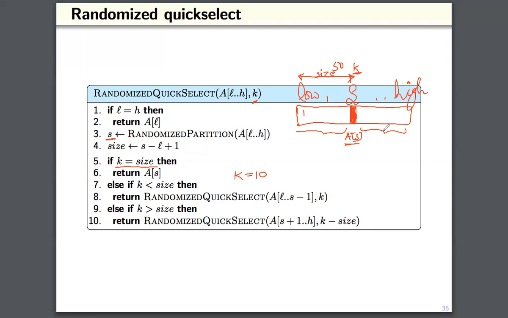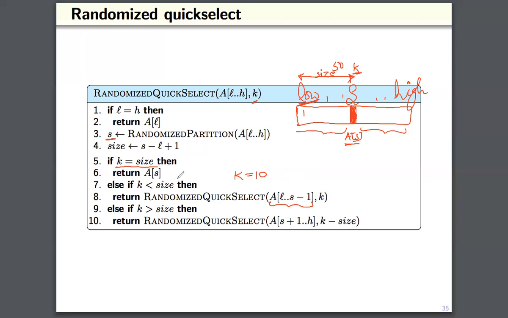The second part has larger elements. That's the meaning of partition, right? Smaller elements are in the first part, larger elements are in the second part. So if K is less than size, your kth smallest element is in the first part. So search in the first part. So the array is L to S minus 1, low to S minus 1.